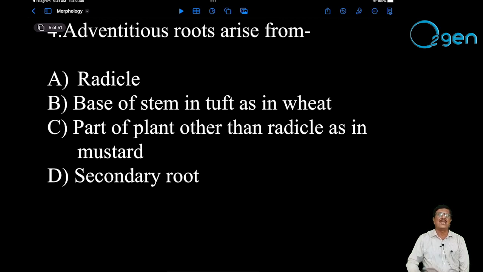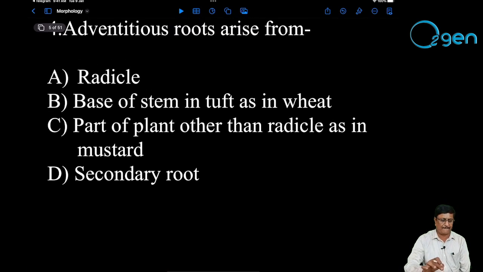They have given one example, mustard. So option C is correct. Adventitious roots are not developed from the radicle, not from the base of the stem, and it is not a secondary root. So for the fourth question, option C is correct.